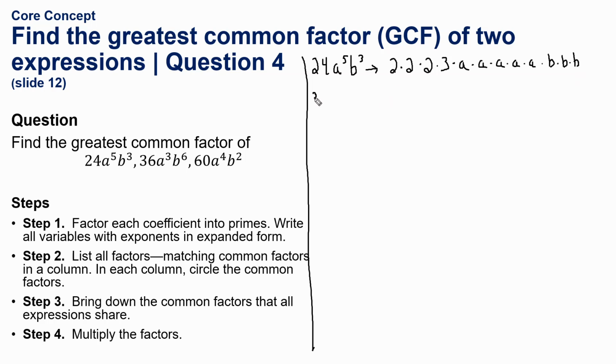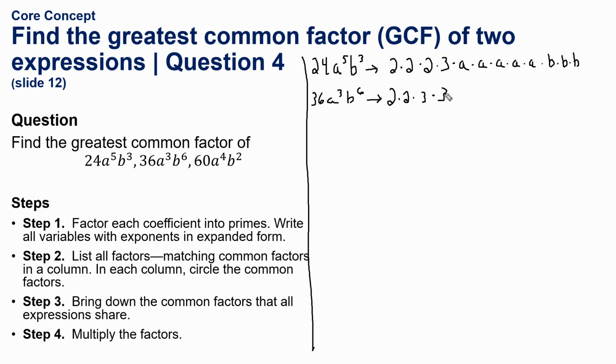Then we have 36a to the third power, b to the sixth power here. Well, 36 can then be broken down into 2 times 2, which is 4, times 3, which is 12, and then times 3, which is 36. Sorry about that.